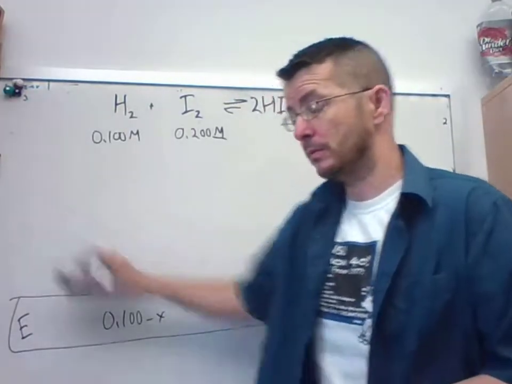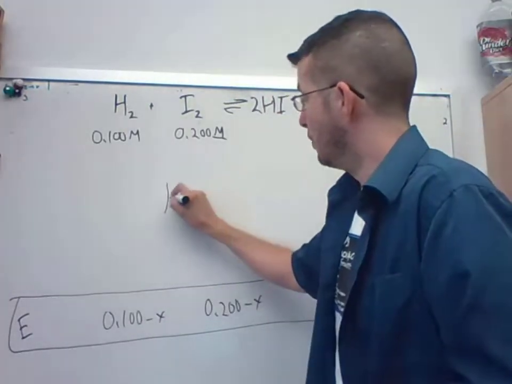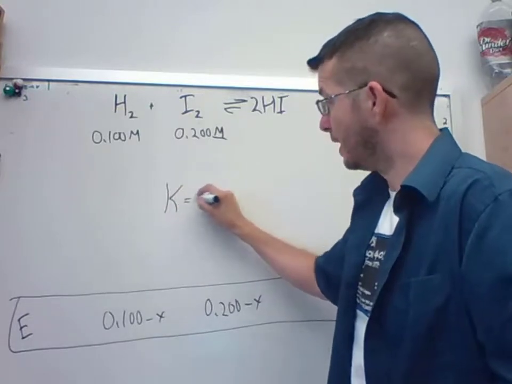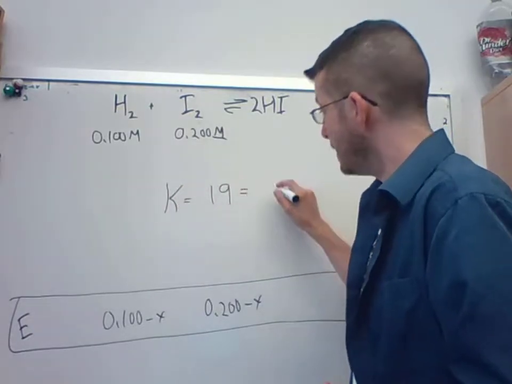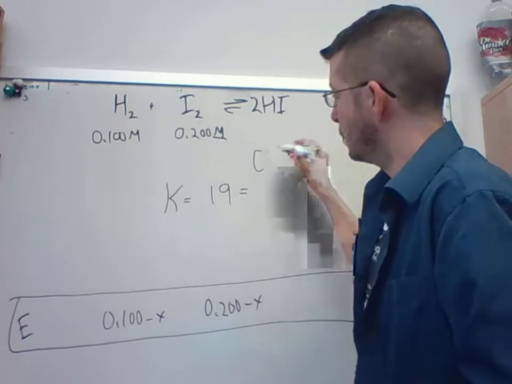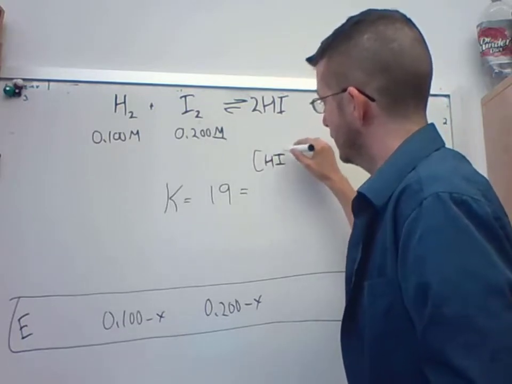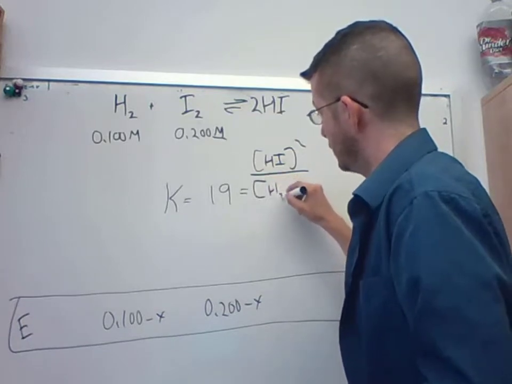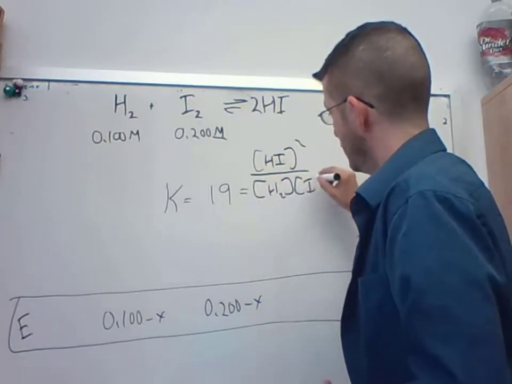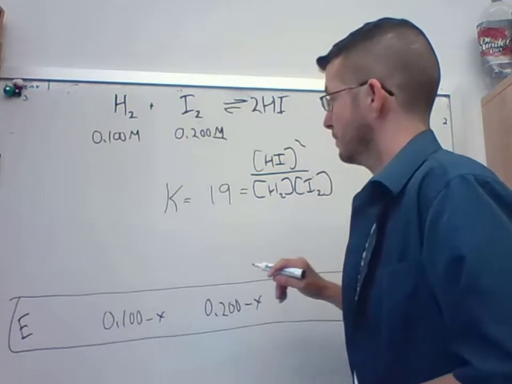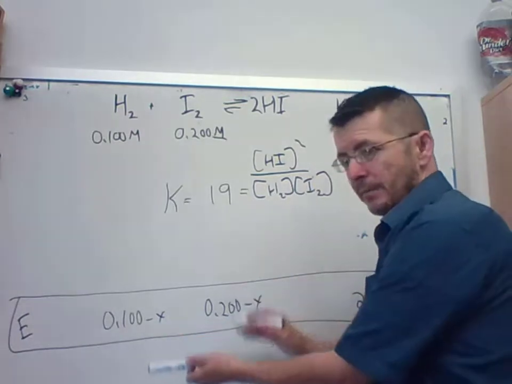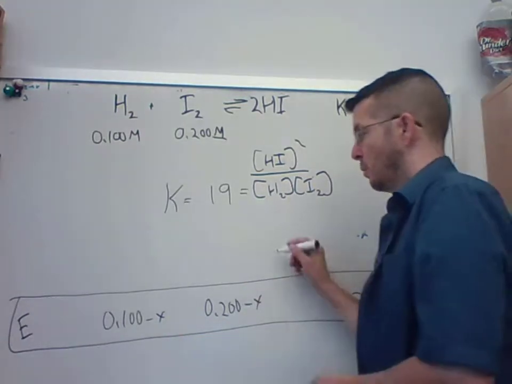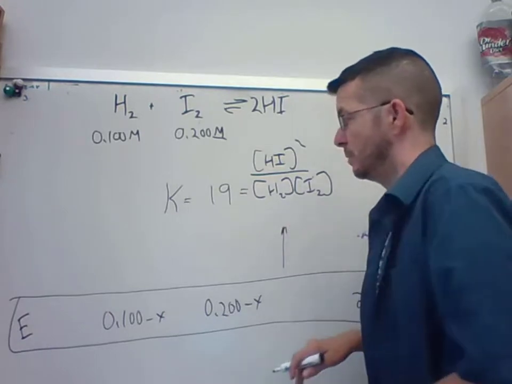but it's not alone. We know that our equilibrium constant is a constant. 19 will equal the amount of HI squared over the amount of H2 and the amount of I2. We have those values, so we can plug them into our equilibrium expression.